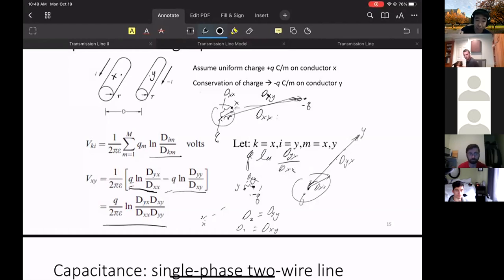One is the charge carried in the x conductor, and another part is contributed by the charge carried in the y conductor. So if you look at the potential from x to y, there are two things that contribute to it: the fact that the x wire is carrying q, and the fact that the y conductor is carrying minus q. Is that clear? Is that okay?